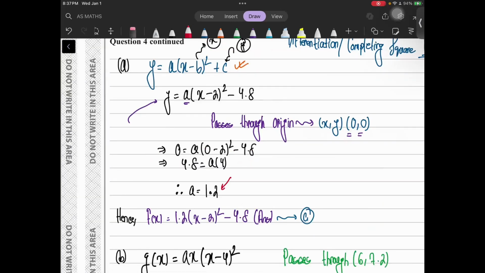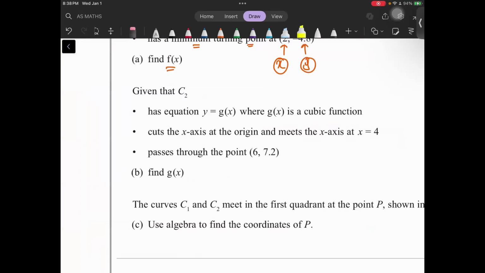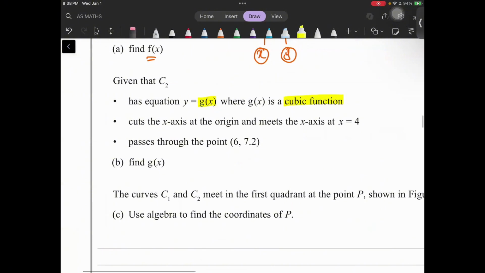Right, then the next question said that the curve C2 has the equation y equals g of x, and it is a cubic function. It cuts the x-axis at the origin and meets the x-axis at x equals 4. Meets.